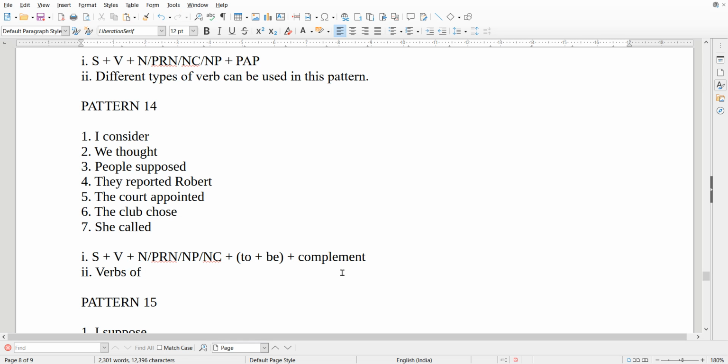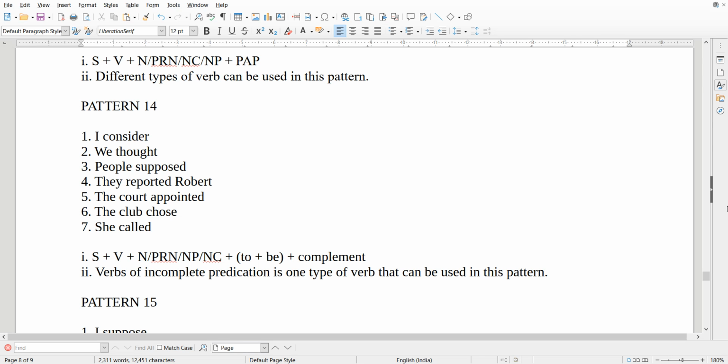Incomplete predication is one type of verb that can be used in this pattern.